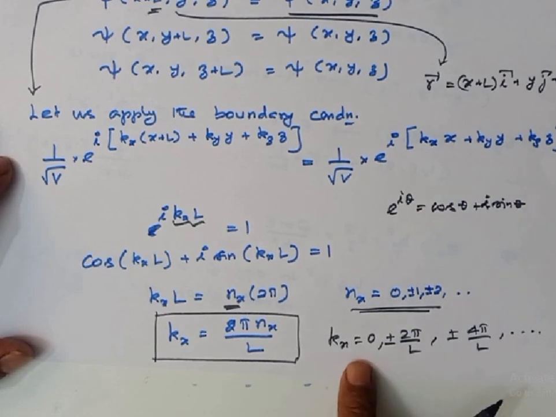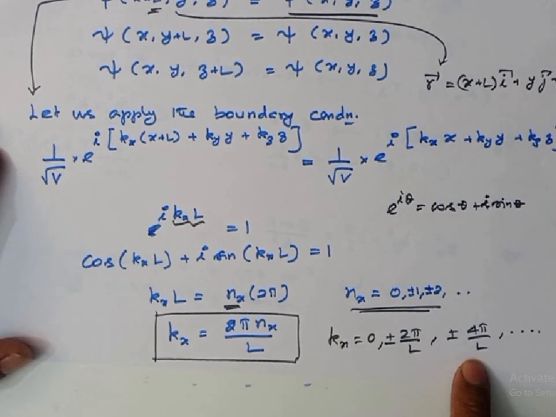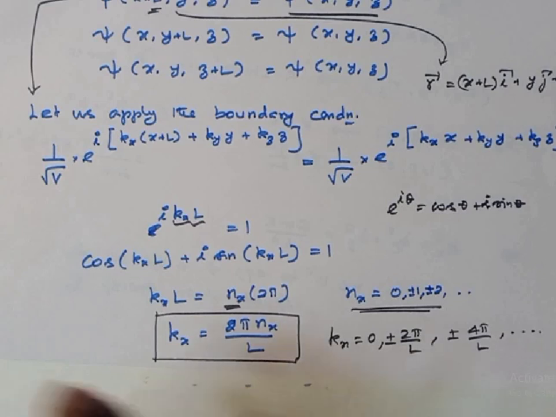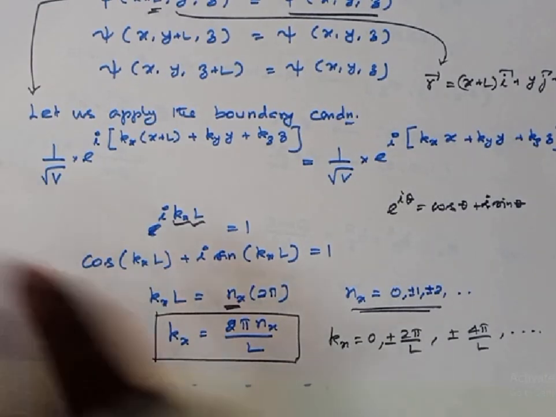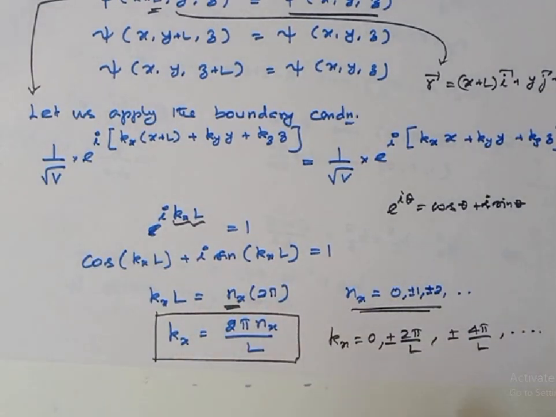These are all the allowed values of k. That means k cannot take just any number. k takes only certain allowed numbers. Are you able to understand? Therefore the energy is not continuous. There is a discontinuity from one state to the other state.